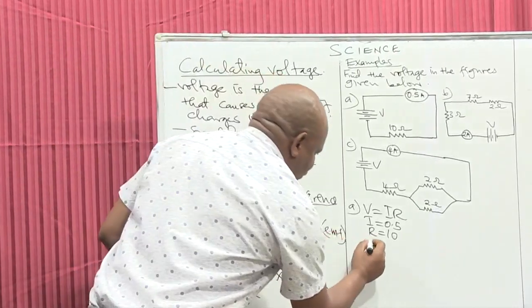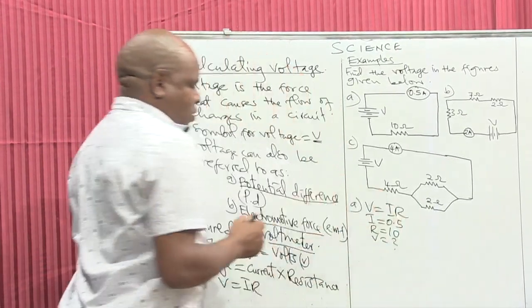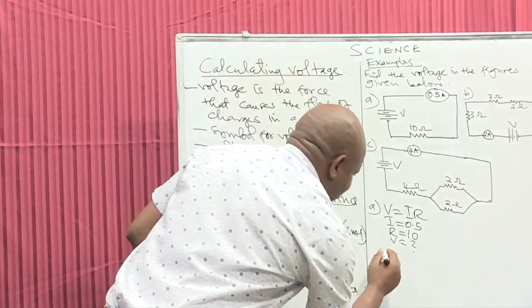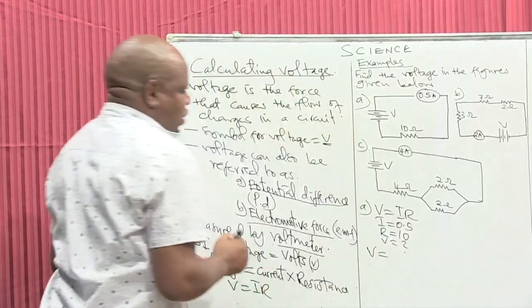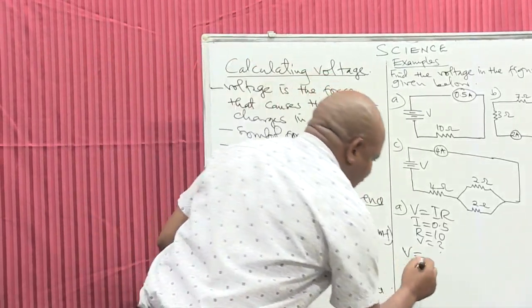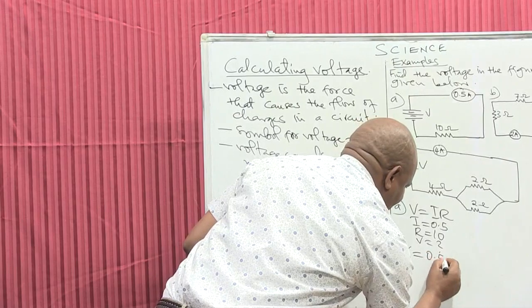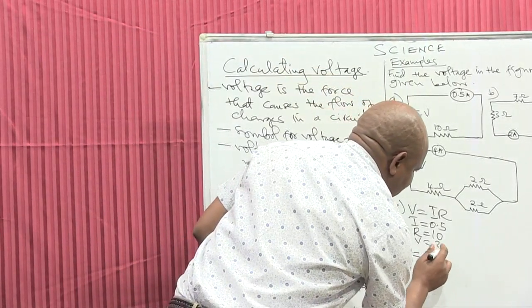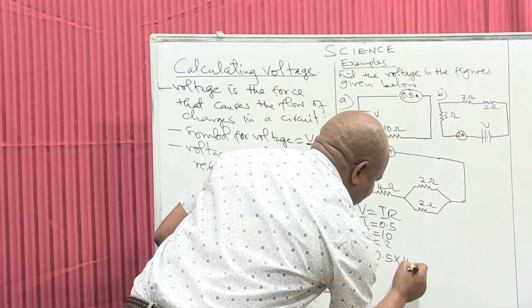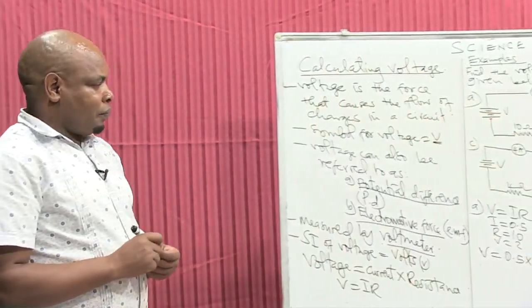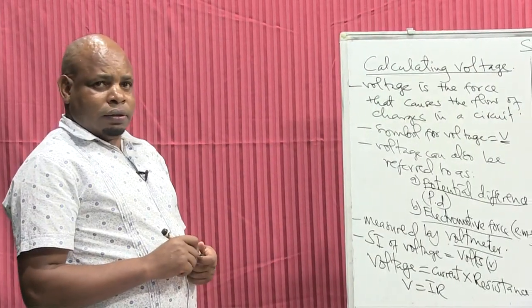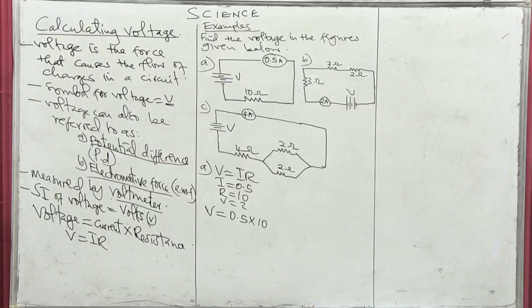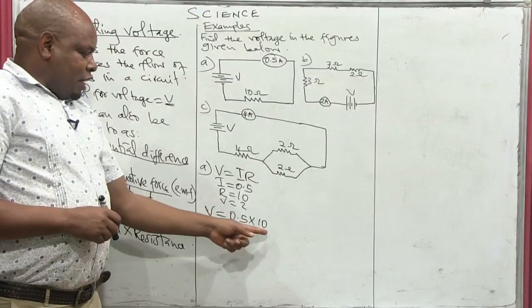V is the one which we are looking for. We have not been given V. So V is equal to 0.5 times 10. Ten times 5.